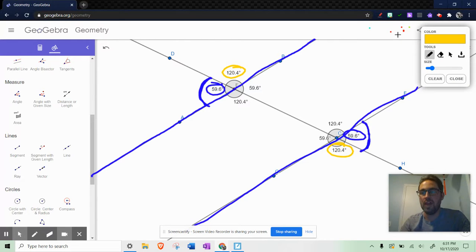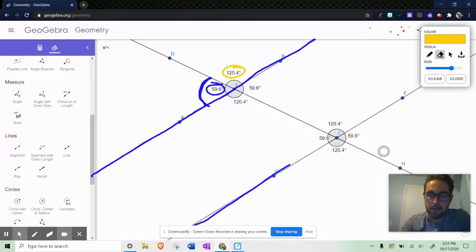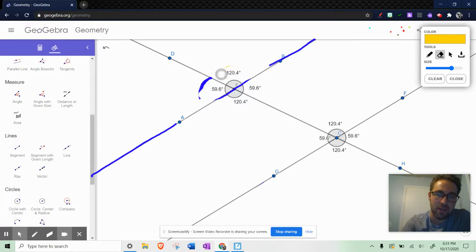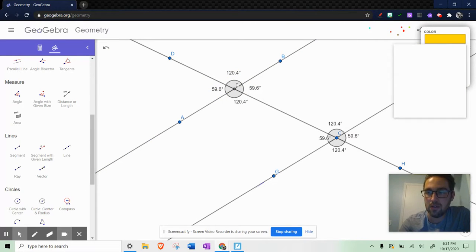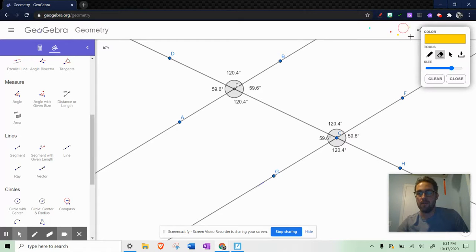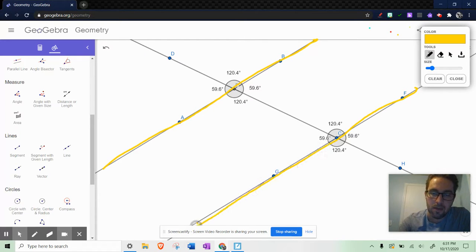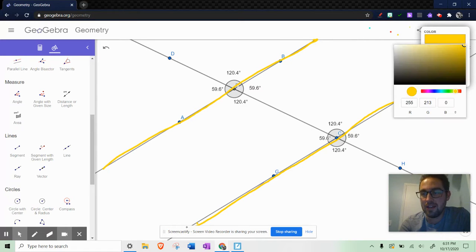What about if we have corresponding angles? We just have corresponding and same side interior. So let's see here. We have our two parallel lines still cut by that transversal. Same side interior would be this 120.4 and this 59.6.